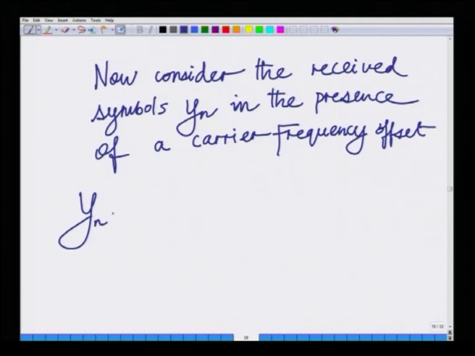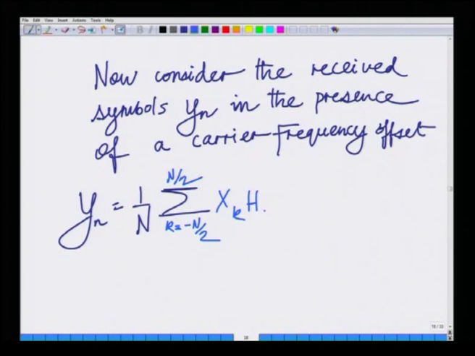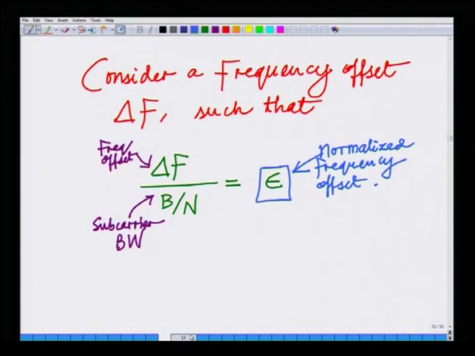We have y_n equals 1 over N summation over k equals -N/2 to N/2 of x_k h_k e^{j2π(k+ε)n/N} plus w_n.